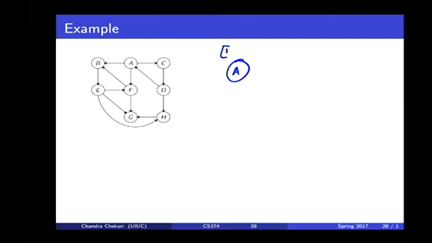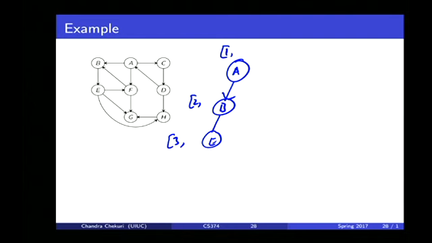What will happen if I explore from A? I have choices, so I'll make some choices. Maybe I'll do B, and B will explore. Maybe the only thing it'll discover is E. And what will E do?